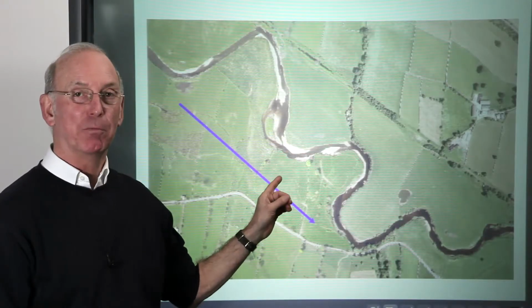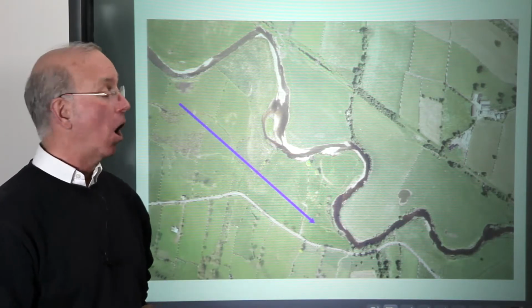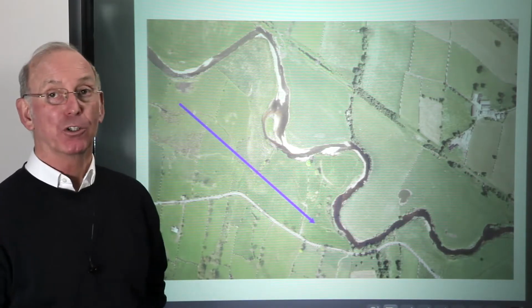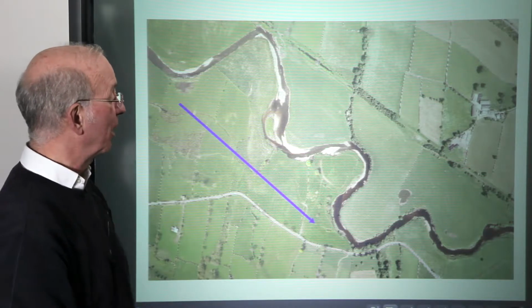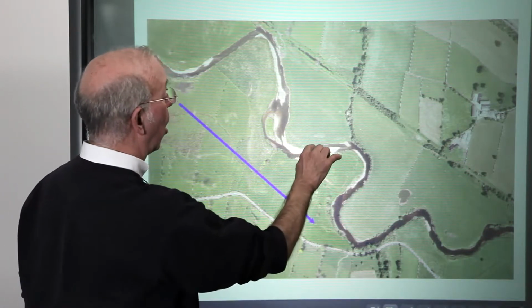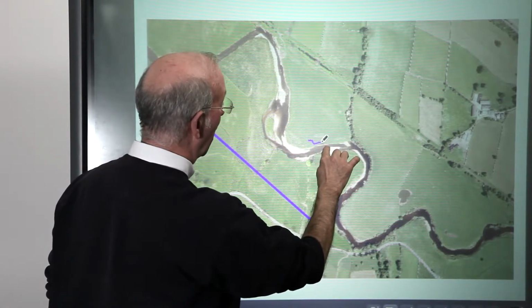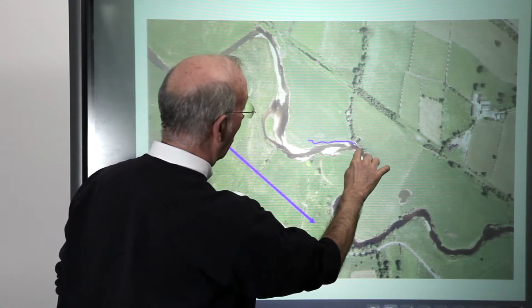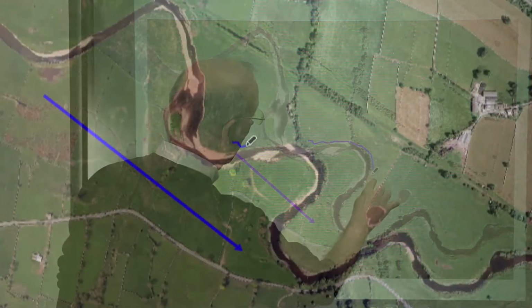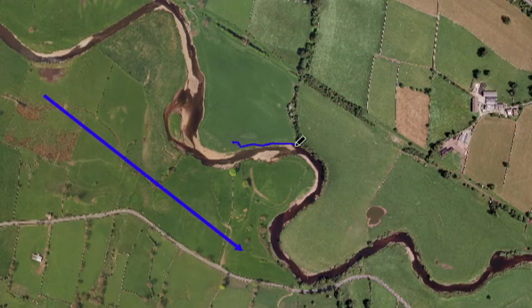What we've got is a beautiful aerial picture of a meander. And what we're going to try and do is work out what we saw in the last diagram. Around the outside bend, there, there, we've got an erosion surface, lateral erosion.